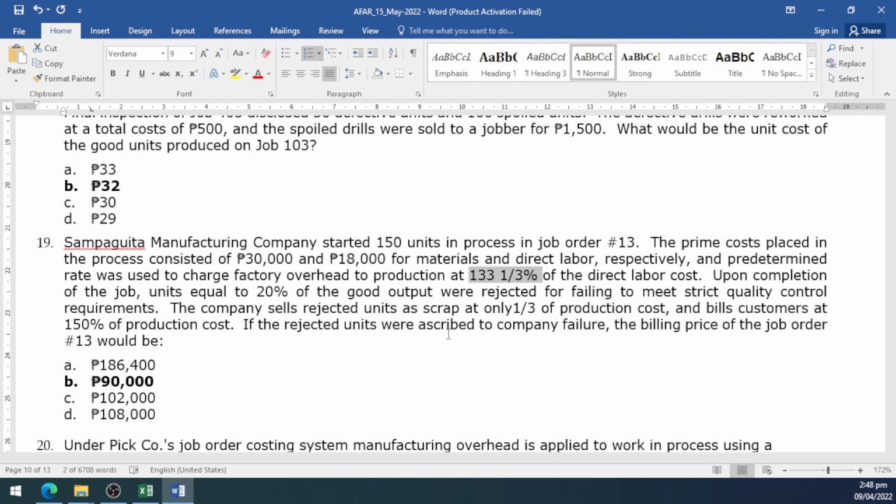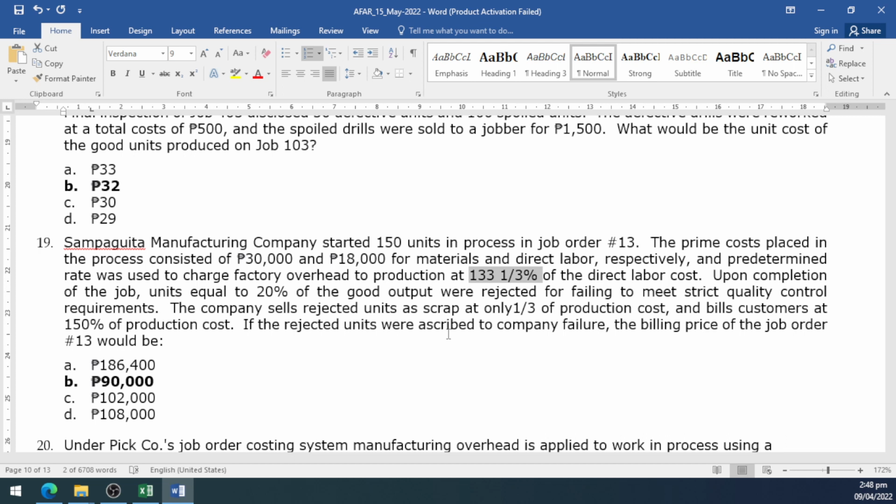Ngayon, 20% of the good output spoiled. Ang total units in the process placed in the job ay 150. Yung basis ng 20% po ng good output. Ang 150, good output and then the reject. So 1.2 yung 150. To get the good units there, 150 divided by 1.2.